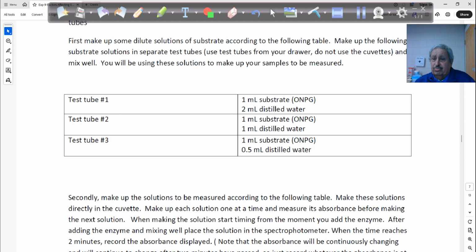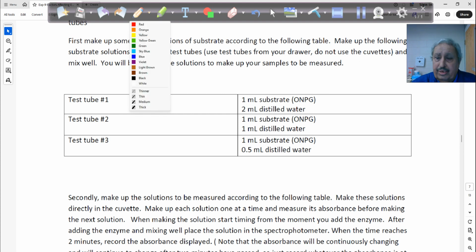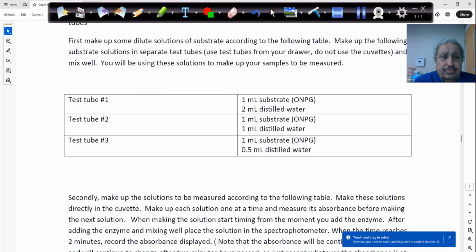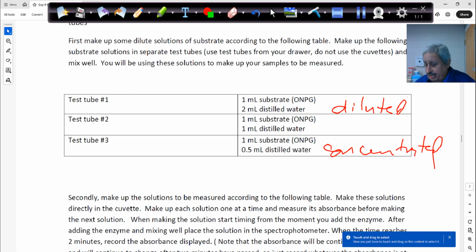This is the test tube with the most diluted one, here it is, diluted one, and this is the concentrated one. So 3 test tubes to test the substrate concentration on the activity of the enzyme.